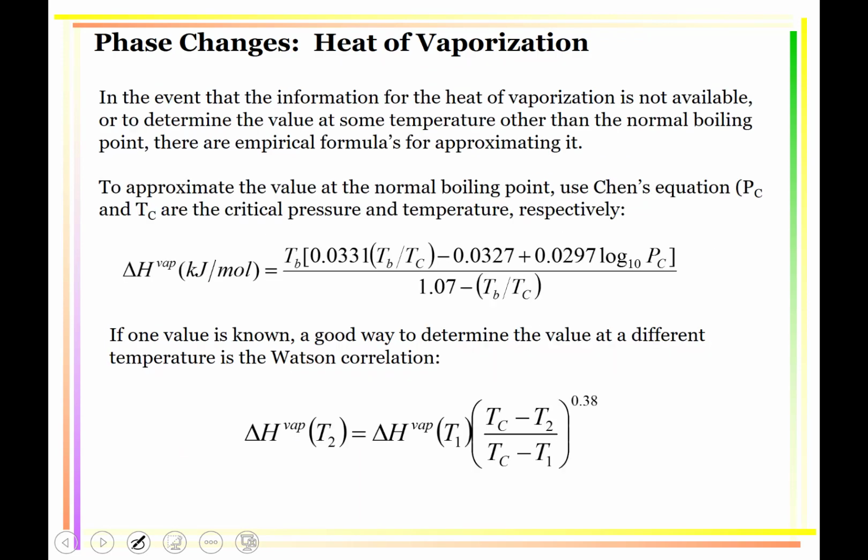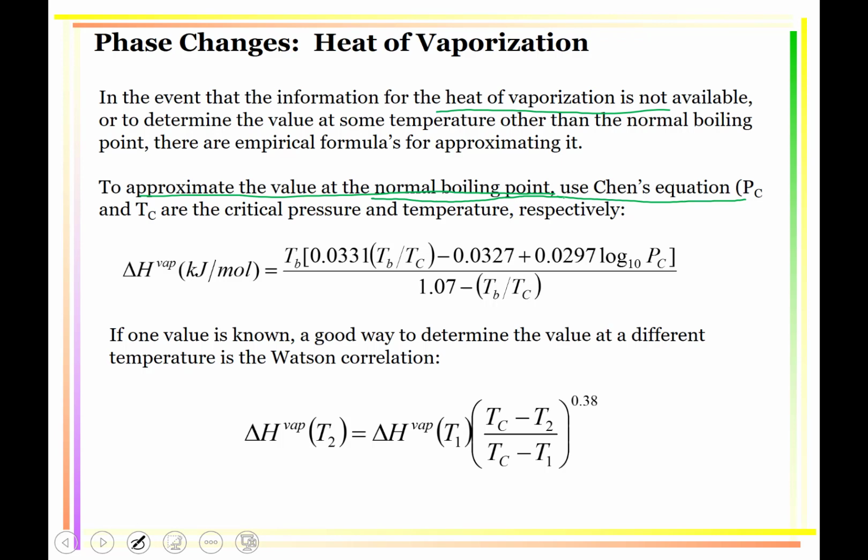We can also approximate the values for the heat of vaporization if you cannot find it on a table. The first equation here is Chen's equation, and it is used to approximate the value of the delta H of vaporization at the normal boiling point.